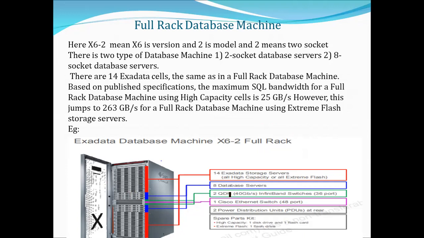These are the two QDR 40 Gb/s InfiniBand switches with 36 ports. Each InfiniBand switch has 36 ports and is placed here in this box. The power distribution units are at the rear.